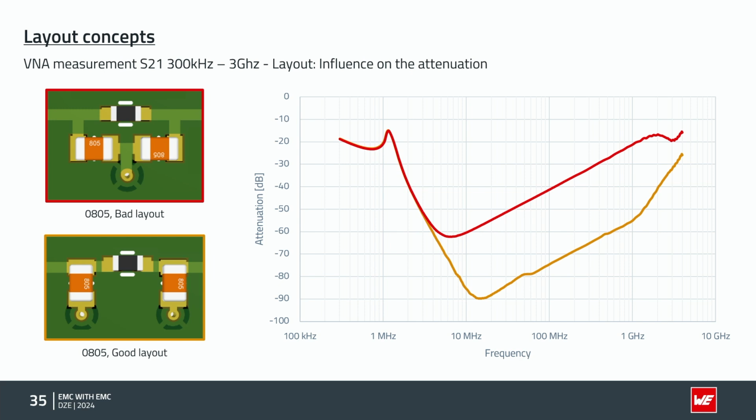I mean, more than 30 dB. 30 dB is not little, it's a lot. And you did not spend more money on better components. So what happens? Well, first of all, we have some small parts of our transmission line going down to the components.